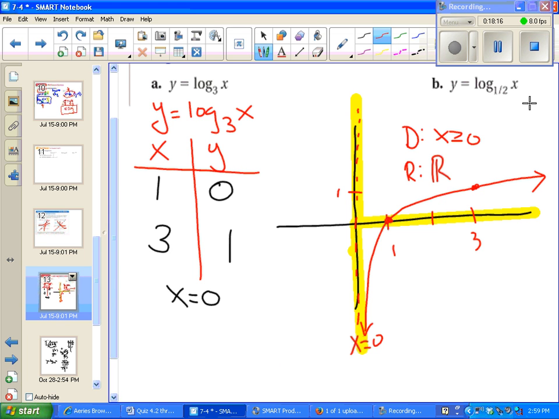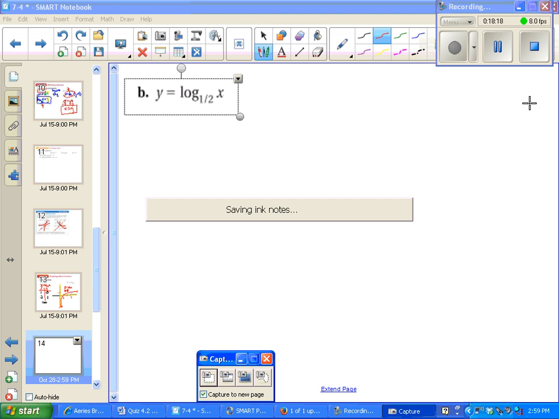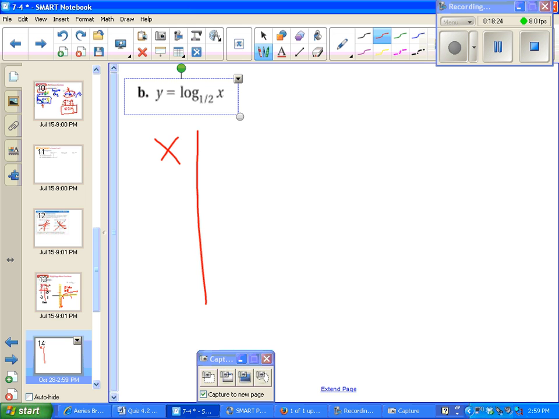We're going to look at part B, put it on a separate page. Once again, we make our table. There's no shift. We'll worry about shift in the next example. We plug in the easiest numbers we can think of. The easiest number is still 1. We'll always get 0.